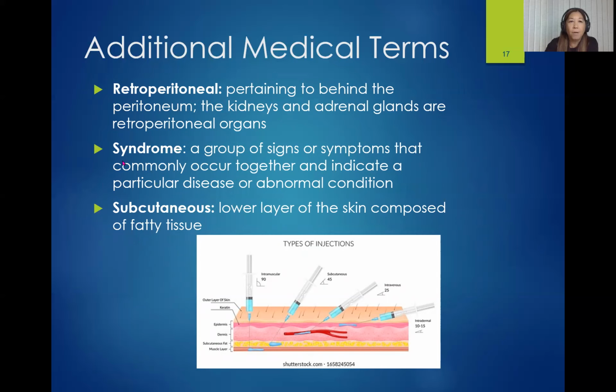A little bit more about syndromes. Again, these are a group of signs or symptoms that commonly occur together, and they indicate a particular disease or abnormal condition. So some syndromes that you might be familiar with, AIDS, right, or HIV. The symptoms include severe infections, malignancies such as Kaposi sarcoma or lymphomas.